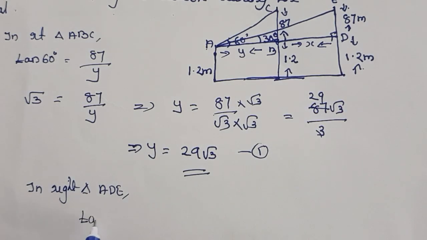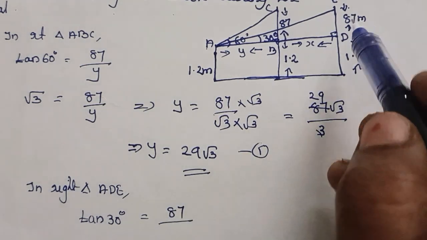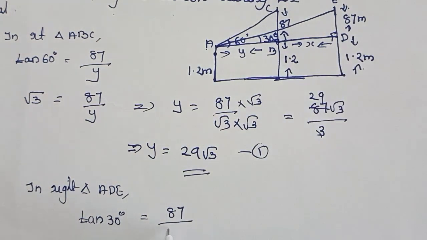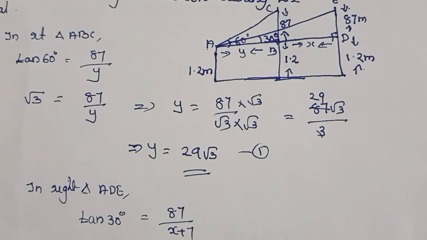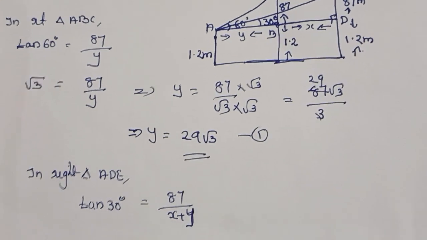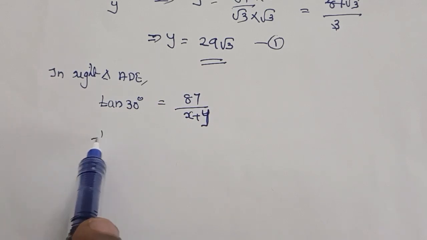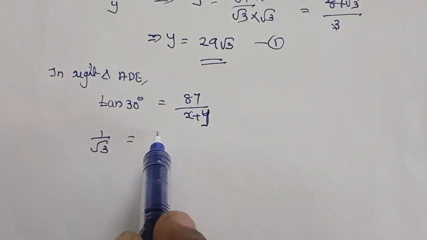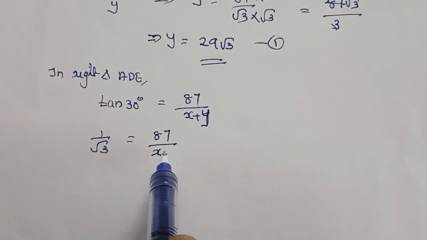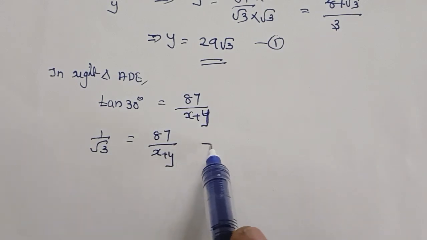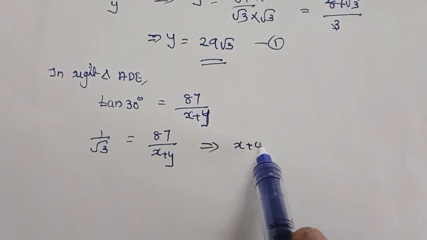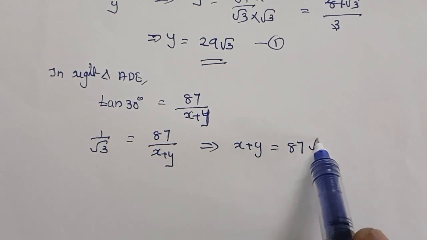Therefore, tan 30 degrees equals opposite side 87 by adjacent side, the total distance, which is x plus y. Tan 30 equals 1 by root 3. Therefore, 1 by root 3 equals 87 by x plus y. Cross multiplying, we get x plus y equals 87 root 3.